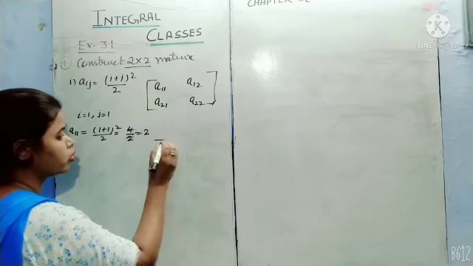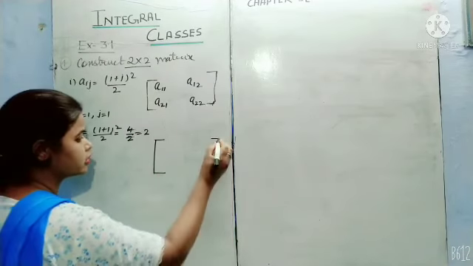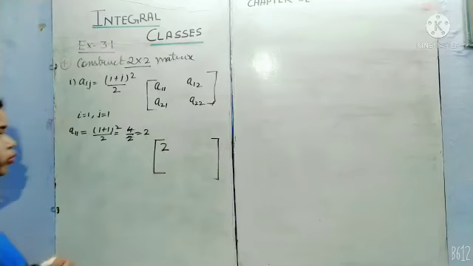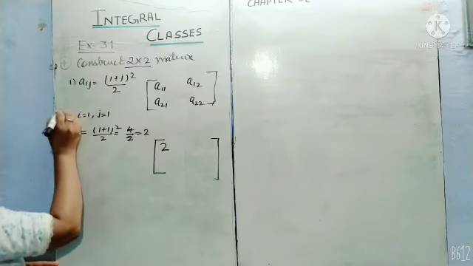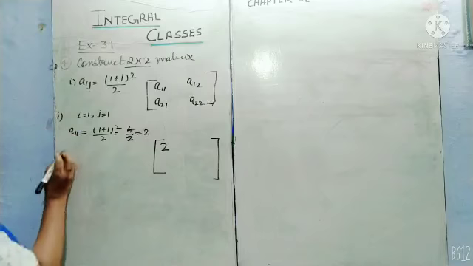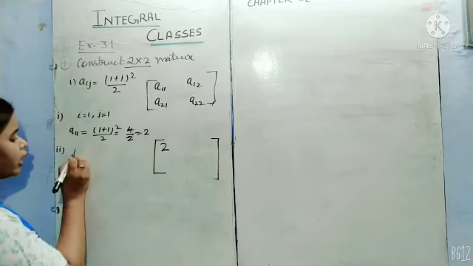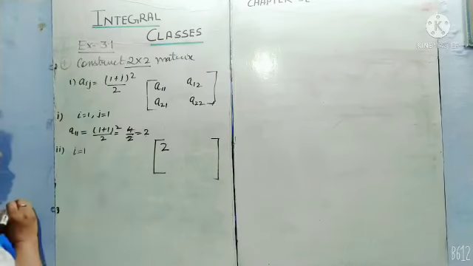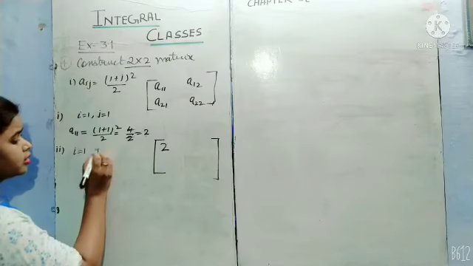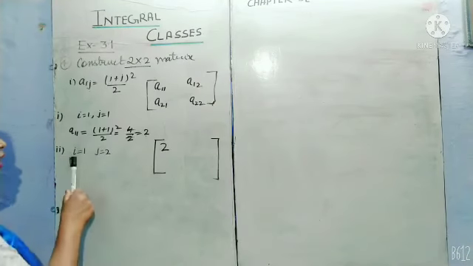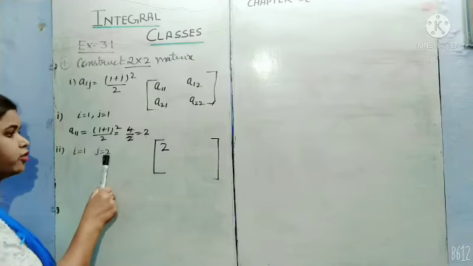So here we have A11 equal to 2. Now it is the first case. Now for the second, we put i equal to 1, same as previous, but j equal to 2.